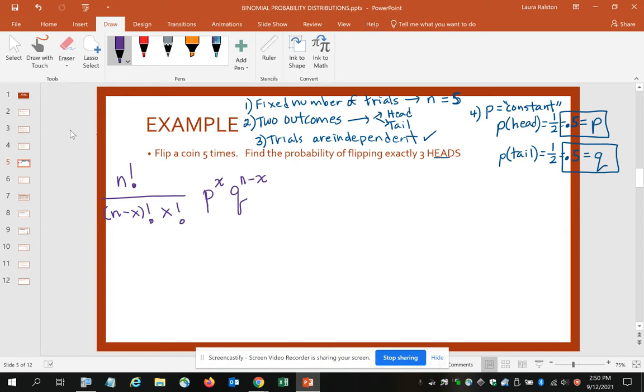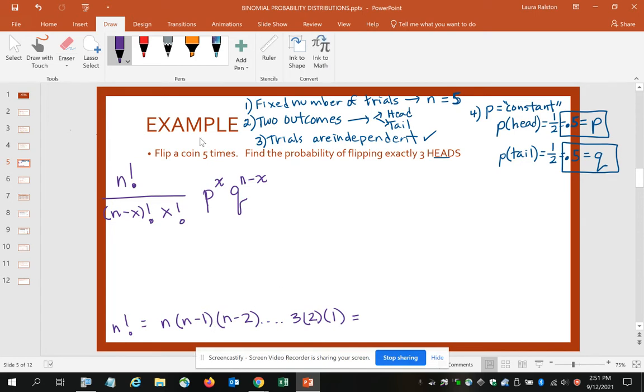Again, that's a doozy of a formula. And if you're not familiar with a factorial, what a factorial does is you start at n and you count your way down. So you would do n times n minus 1 times n minus 2 all the way down to 3, 2, 1, and you multiply those values together. So you would start at the value for n and count your way down to 1.